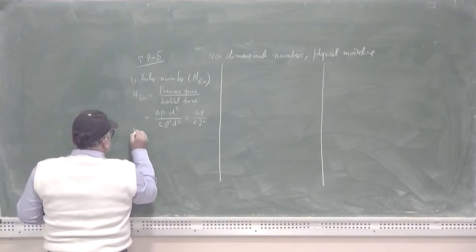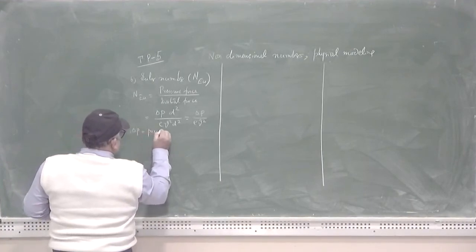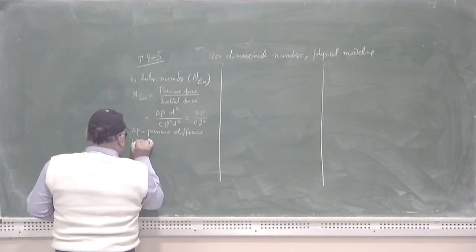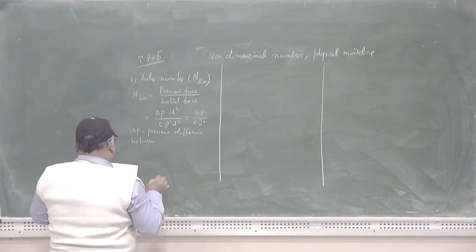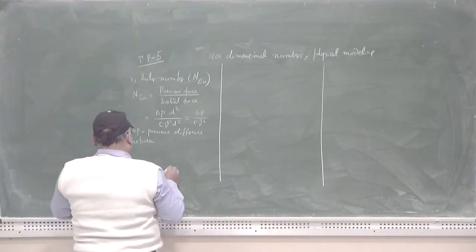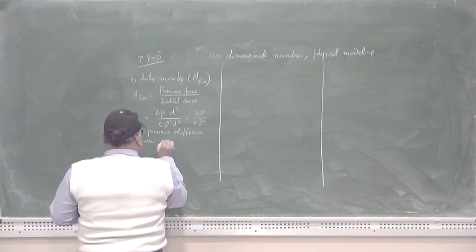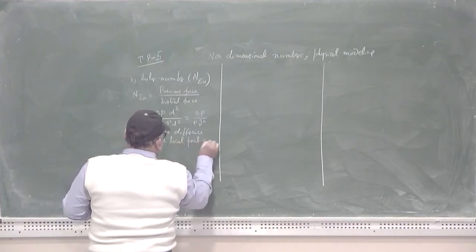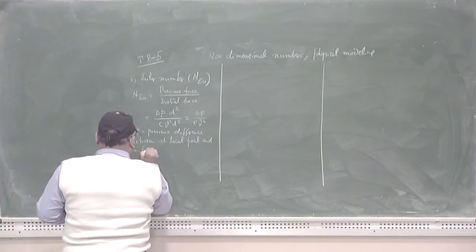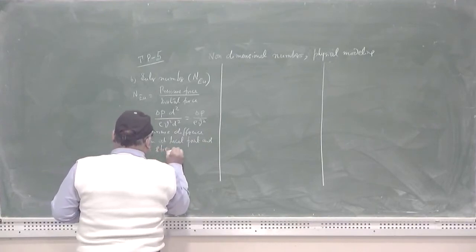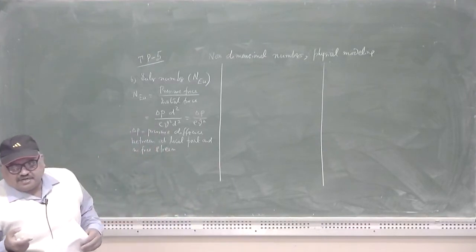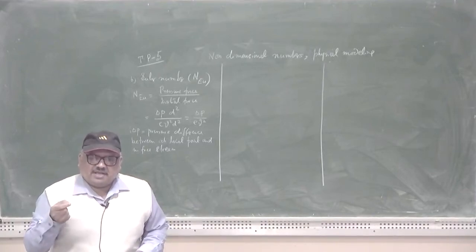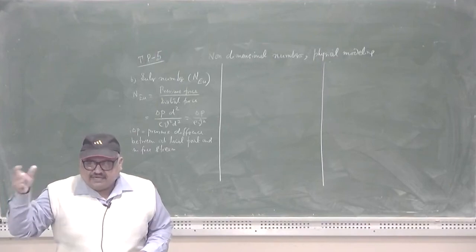Delta P here is the pressure difference between a local point and the free stream, because there must exist a pressure difference between a local point which is chosen in physical modeling as well as the pressure existing in the free stream.